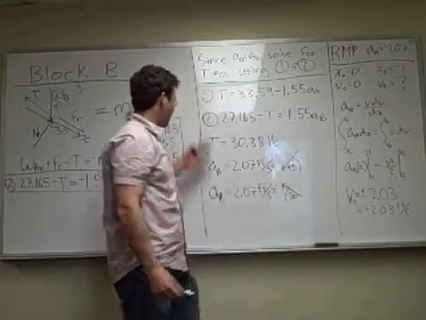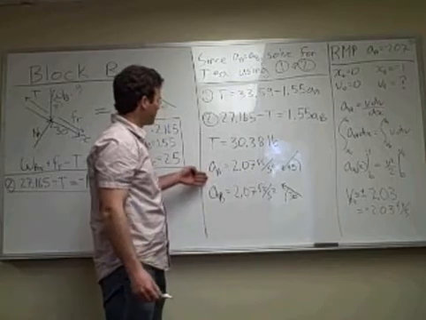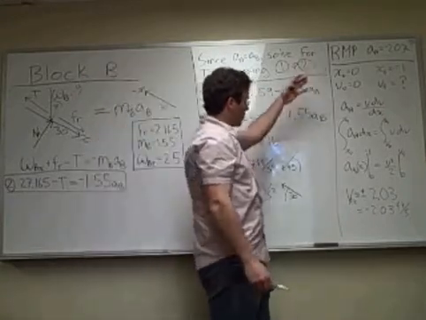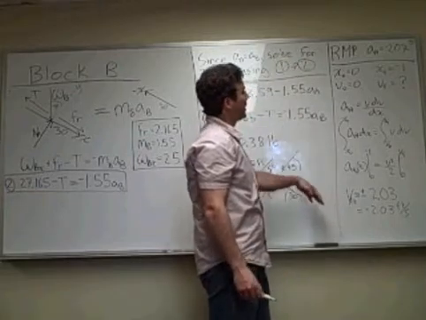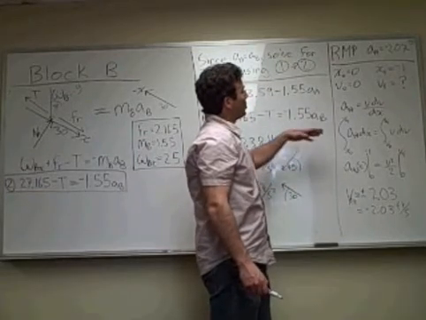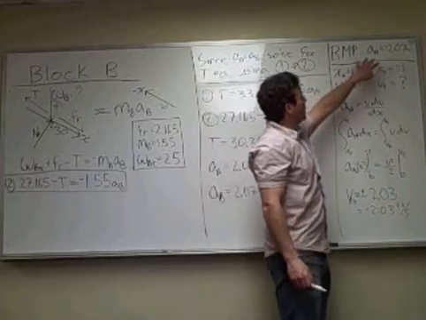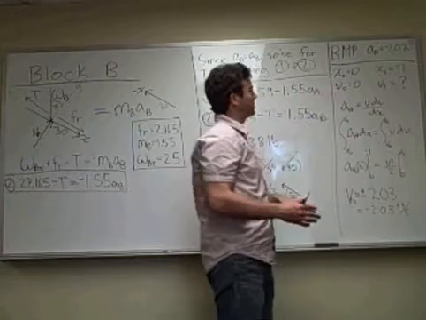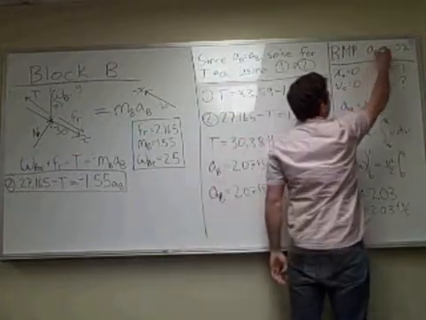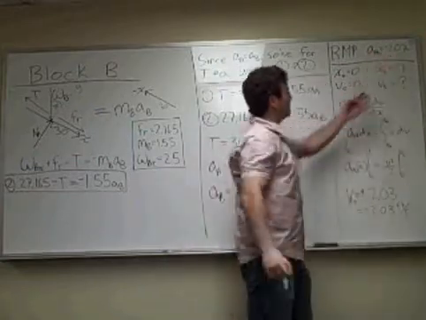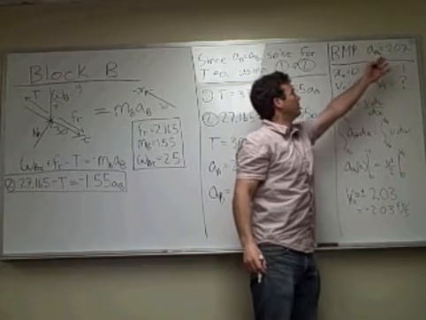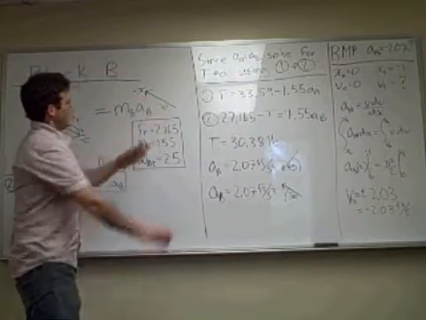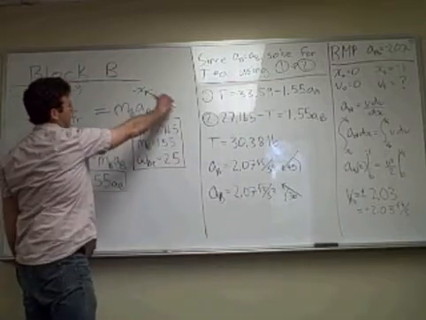And so now that we have our acceleration, we need to use rectilinear motion in order to solve for our velocity. And so in this case, we're working in the x direction. So the acceleration of A in the x direction is actually negative 2.07, because you'll see it's actually accelerating in the negative x direction.